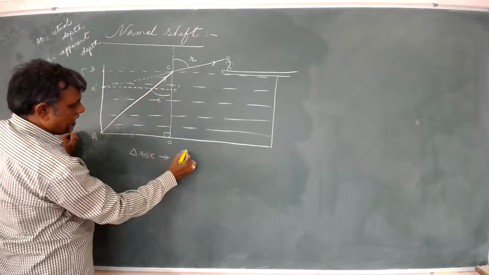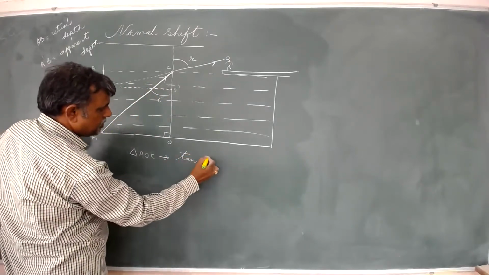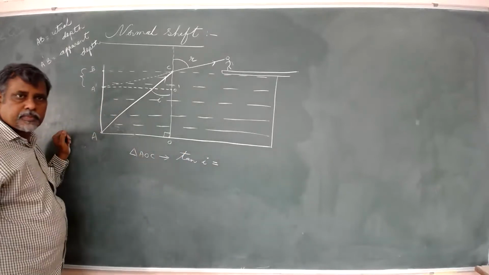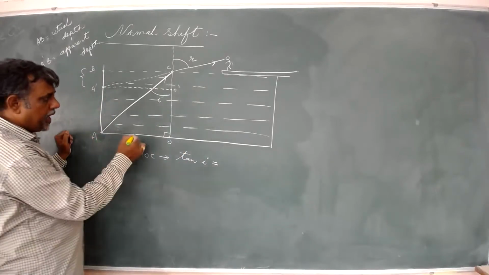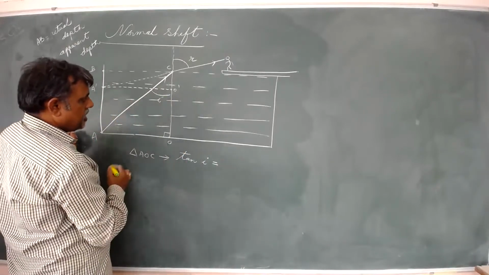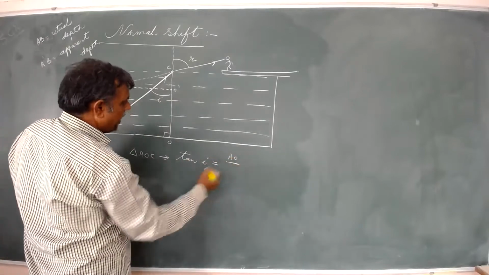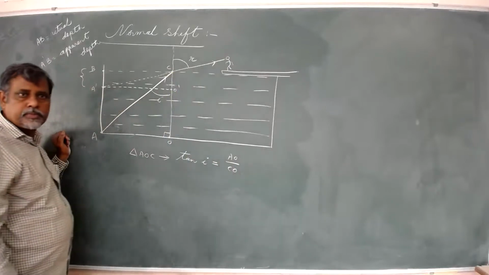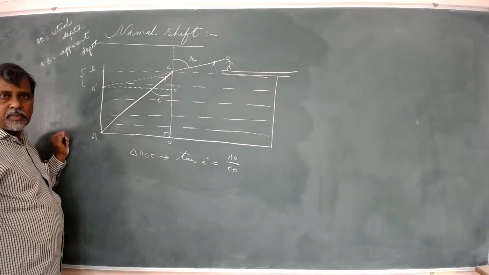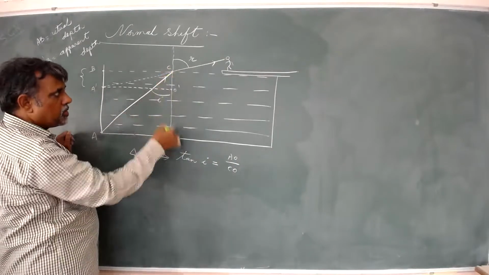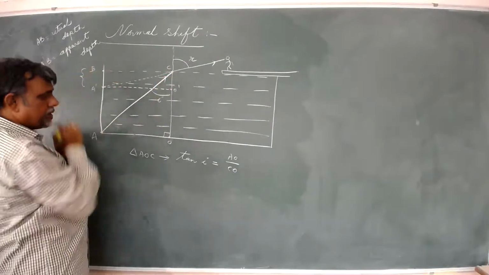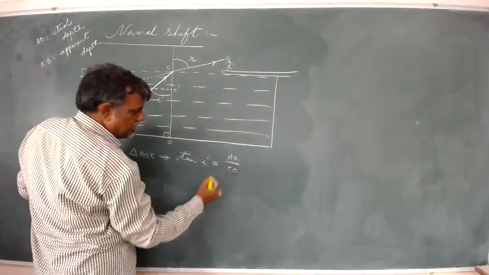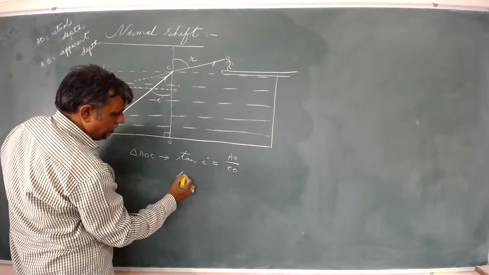So tan I is equal to opposite by adjacent, which is AO by CO. Got it? Okay, so what is CO? CO means AB. Right? So this is tan I.